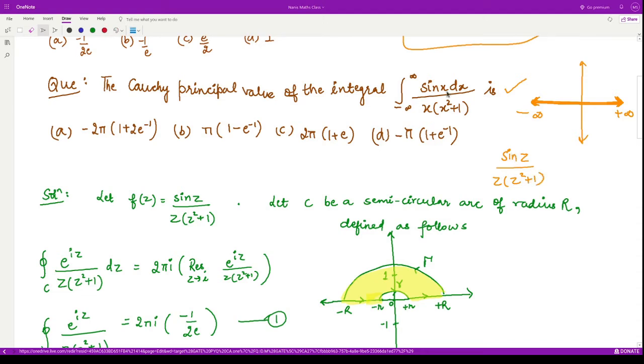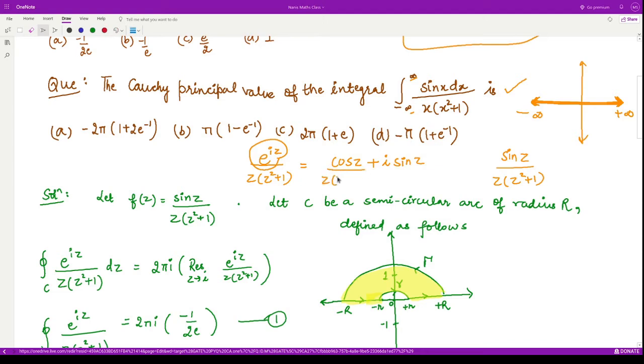Now whenever you have an integral with limits from minus infinity to plus infinity and there is a sine z or cos z appearing in it, you can take the integral of e to the power iota z over whatever term is present in the denominator, and then replace e to the power iota z by cos z plus iota sin z.